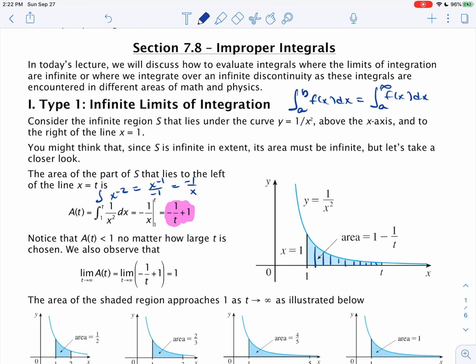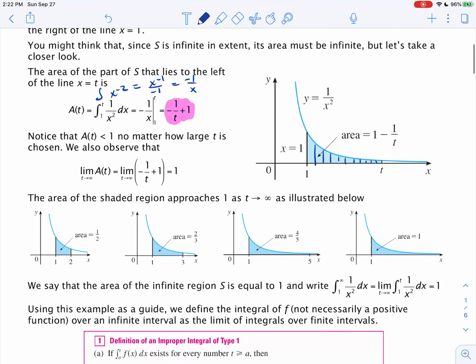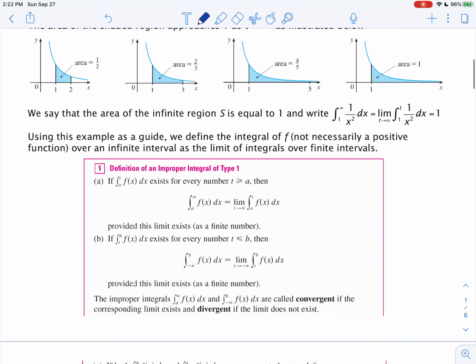And in that case, you would say it's divergent, right? But if we converge, or if we actually end up with a limiting value of a finite number, in other words, our area is no more than a given number, such as the case of 1 over x squared, then we can define our area to be that limiting value.